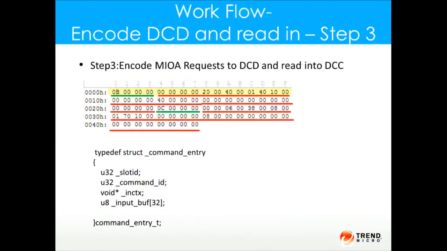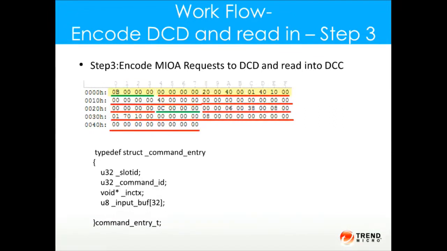And the third step is to encode the DCD and read it in. Actually, as we know, AFL has integrated several mutation strategies in itself. For example, bit flip, deletion of some part of the input file, and splicing some part of the input file, and so forth.